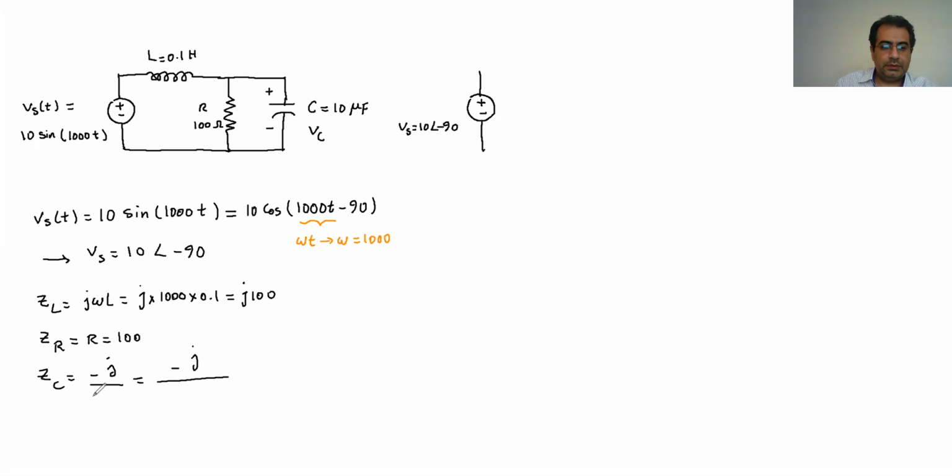So omega is 1000, and C is 10 times 10 to the negative 6. If you do the calculation, it comes out as negative j100.